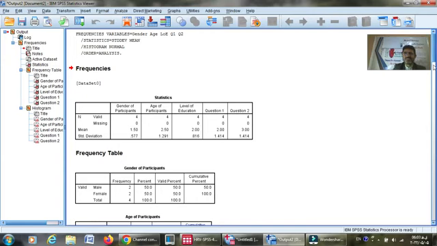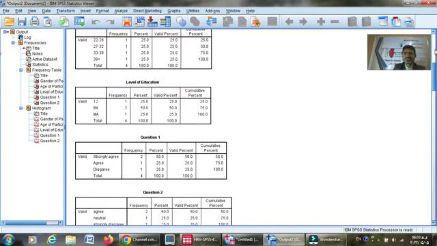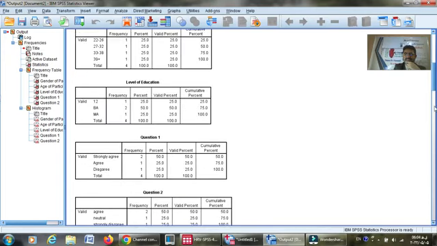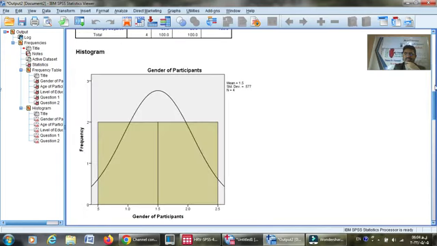We can use the mean and standard deviation scores for our interpretation of the data, and also here we can see some other information. In the normal curve we can see that the curve is normal. Actually, the data is in the central area of the curve.